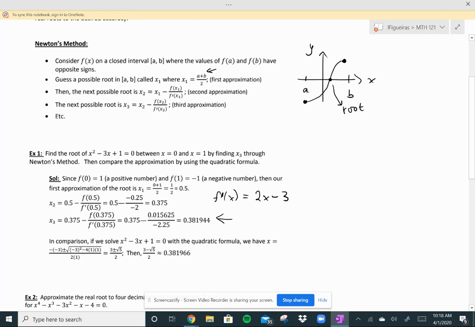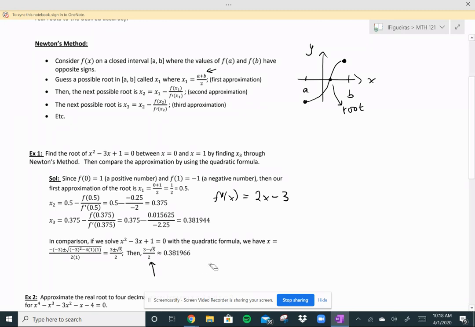Had we done Newton's method one more time, in other words, calculated x sub 4, it would be even closer to this answer here. Remember, 3 minus root 5 over 2 is an exact answer, and Newton's method gives us an approximate answer. But the more iterations you do of Newton's method, the closer you get to the exact answer.